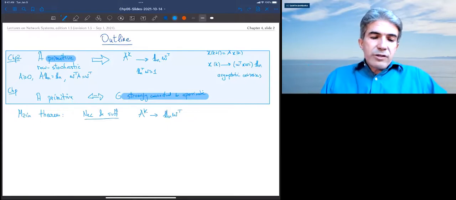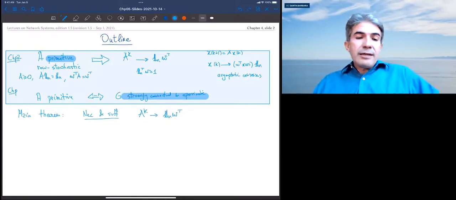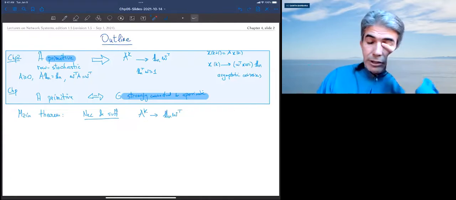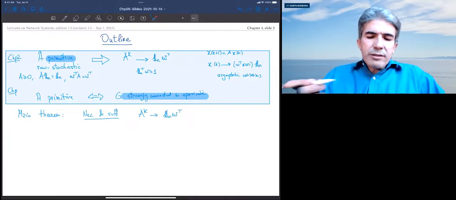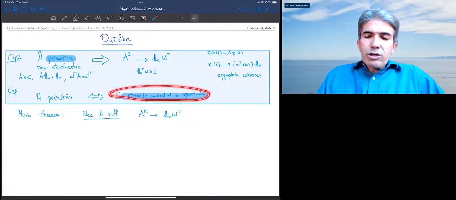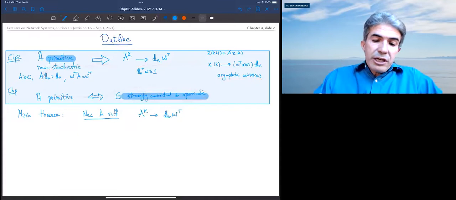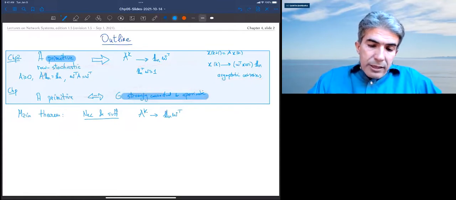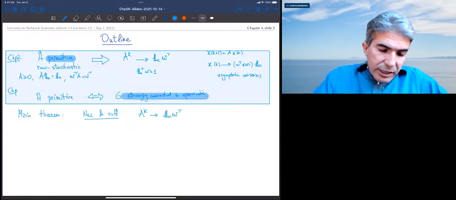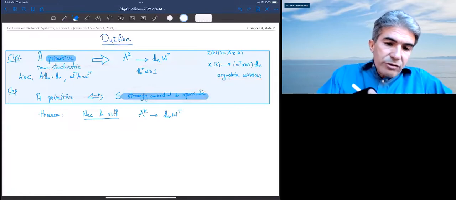Additionally, another part that is incomplete is the following. If G is strongly connected and aperiodic, or whatever other property, then I obtain asymptotic consensus. Marvelous. But I am also interested in the cases where, again, we will study a second theorem. Maybe we can call this the first theorem.